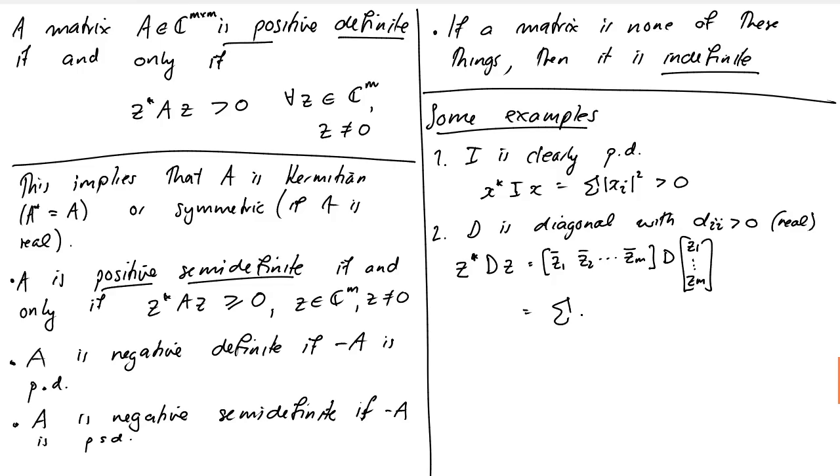Equals the sum over all of the ones. It's going to be almost exactly the same as the identity case. It's going to be the sum of di times absolute value of zi squared, which once again is greater than 0.